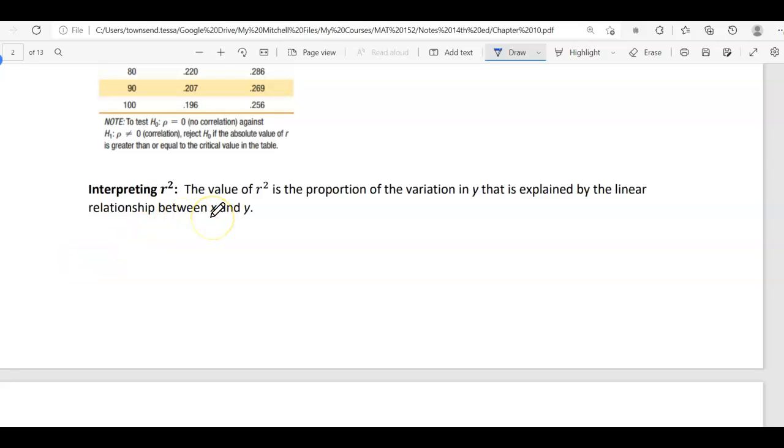And then we could talk about r squared. R squared is called the coefficient of determination. It's really just measuring the proportion of variation in y that can be explained by the linear relationship between x and y.